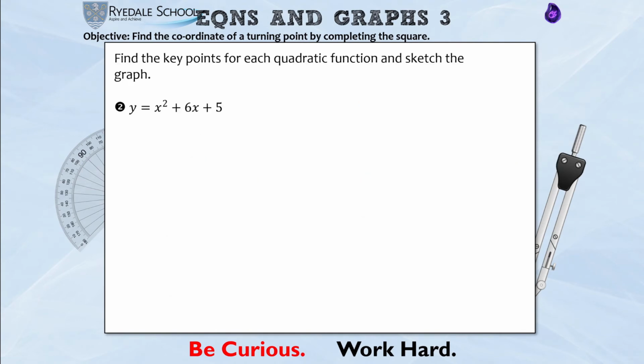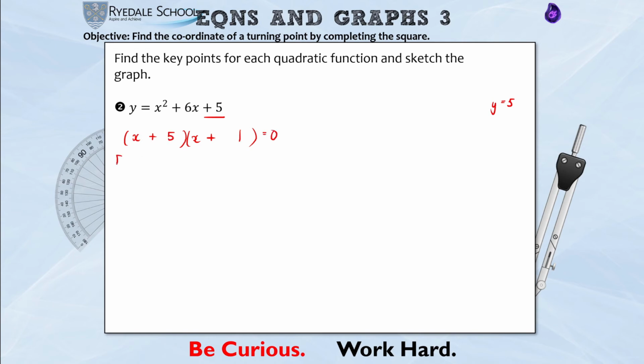So, same idea again, y-intercept, x-intercept, and turning point. So, we can see the y-intercept on this one is 5. Going to factorise to get my x-intercepts. 5 and 1 multiplied to make 5, and they add to make 6.